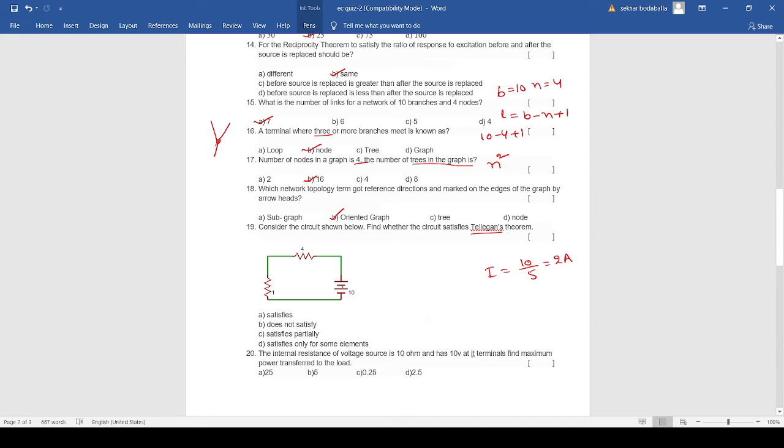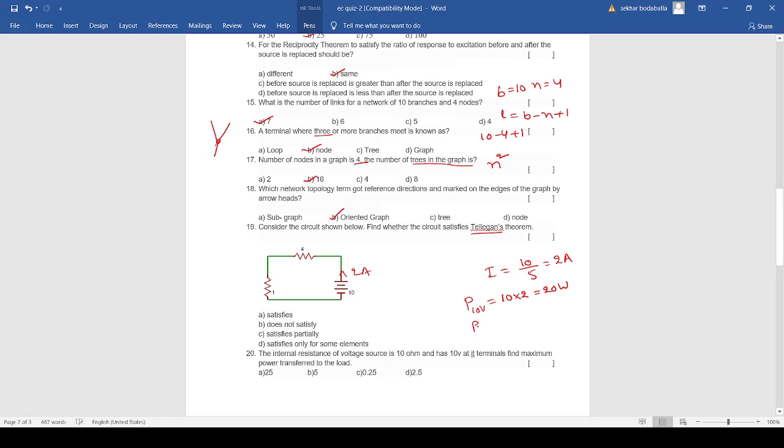First, I want to find the power supplied by the 10 volt voltage source. Power is equal to voltage multiplied by current. So voltage is 10 volts and the current flowing in this circuit is 2 ampere. So 10 multiplied by 2, the power supplied by the source is 20 watts.